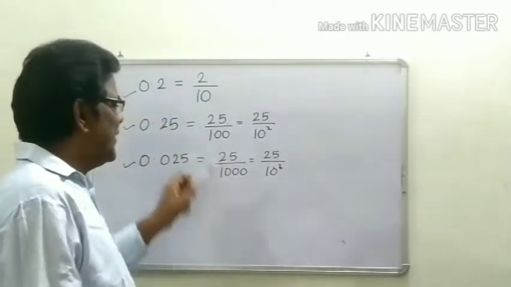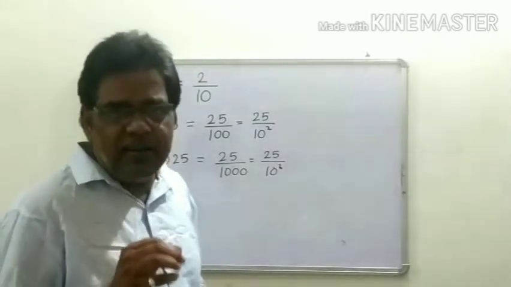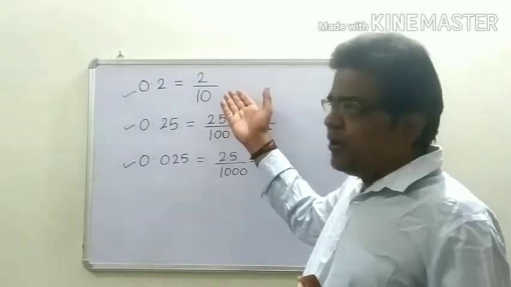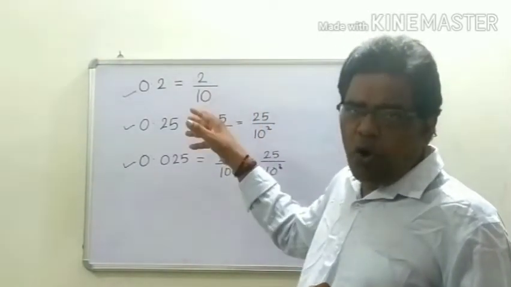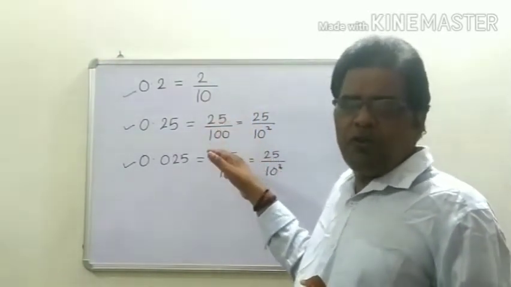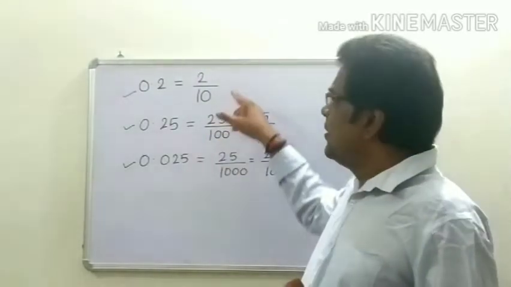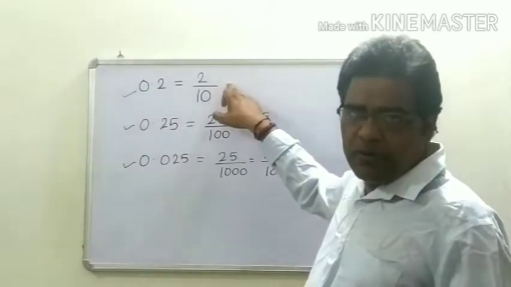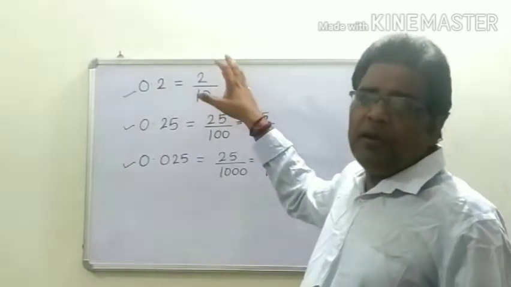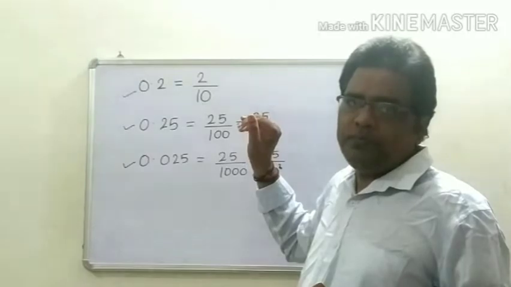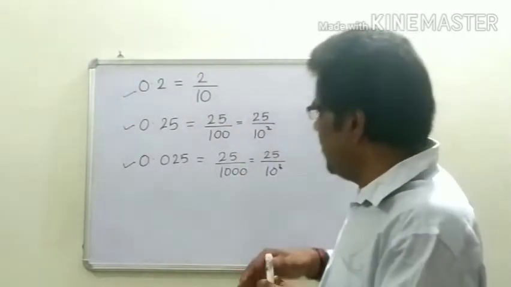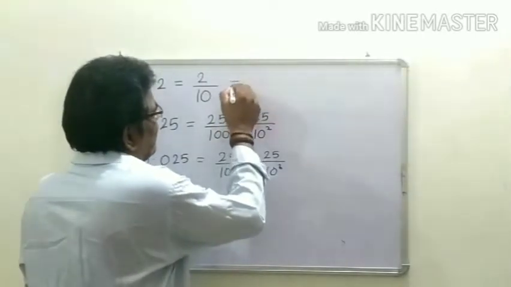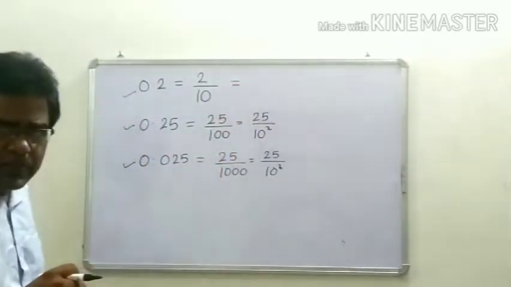So one thing is clear here, that if you have denominator as 10 or in powers of 10, then that rational number will be of terminating type. Again, more precisely, I can reduce it to lowest terms.